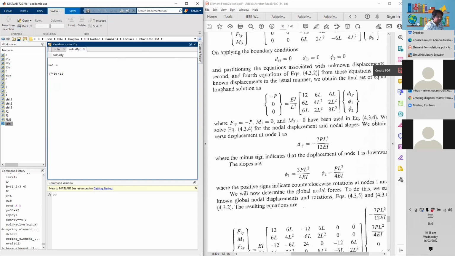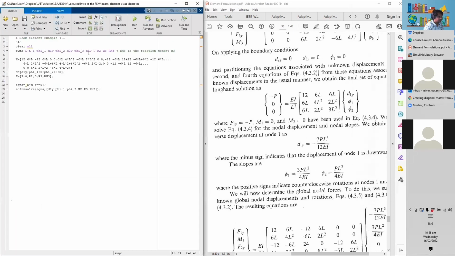If we go back to the code now, this is how we troubleshoot. We forgot to put in the EI on L cubed over here. So we need to put that in: bracket E times I, divided by L to the power 3.